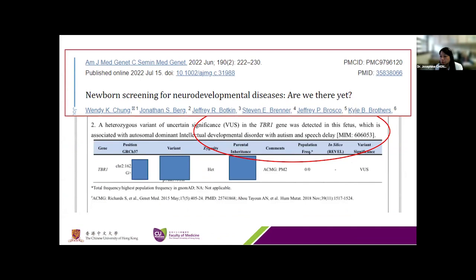So there are different newborn genomic screening programs, such as those proposing screening for neurodevelopmental disorders. But getting into the literature, we understand that we may not really be there yet to implement universal newborn genomic screening, even for neurodevelopmental disorders.